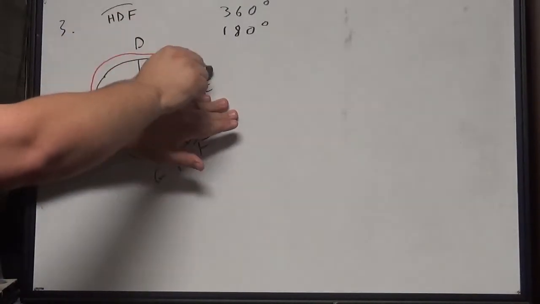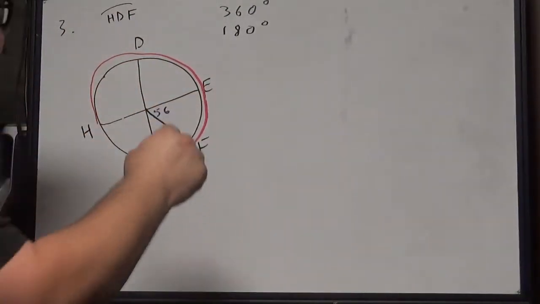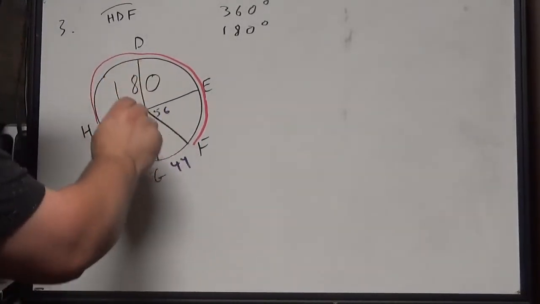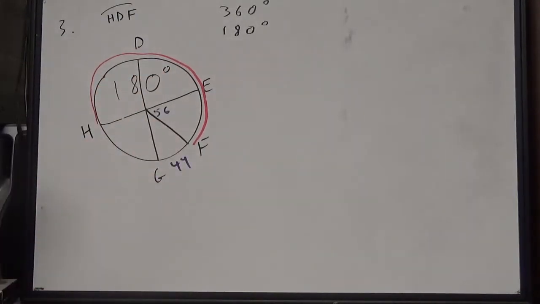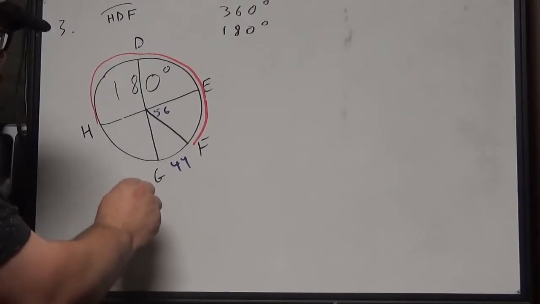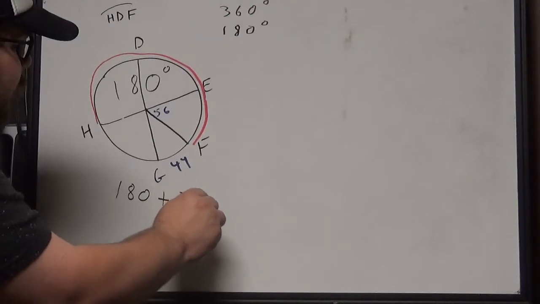So this segment from H to E must be 180 degrees. This half is 180 degrees. This part is 56 degrees.